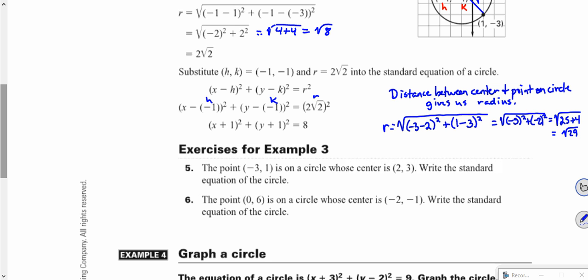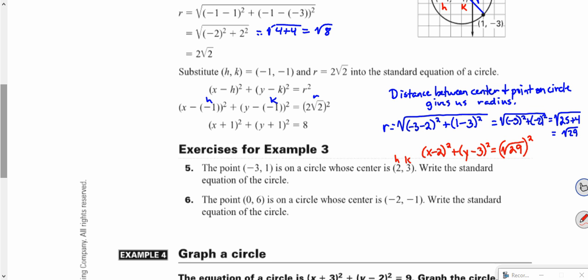Now, we have to write the standard equation of a circle. So again, my center, this is my h and k. My equation is going to be x minus 2 squared plus y minus 3 squared equals the square root of 29 squared.